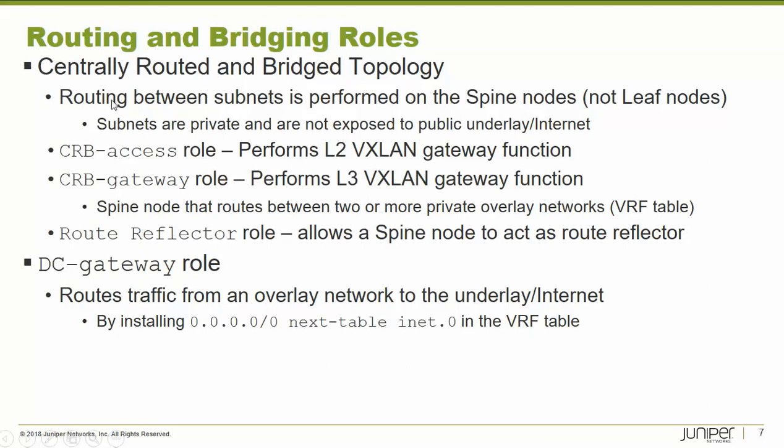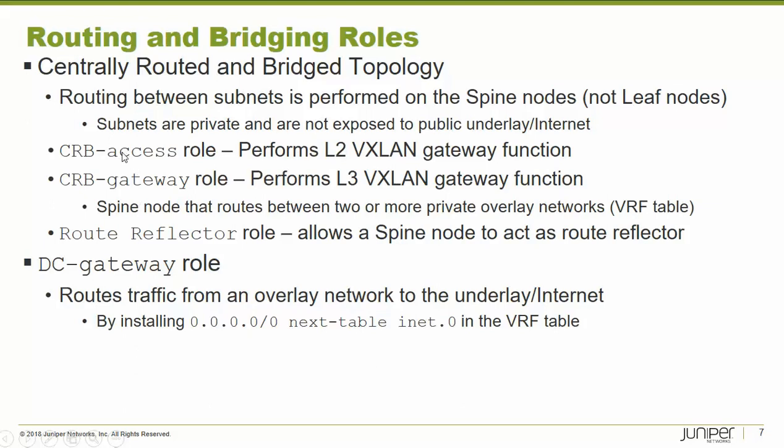Remember, in this centrally routed and bridged topology, we can route between subnets, between Contrail overlay networks, and that routing is done on the spine nodes, not the leaf nodes. And the subnets are private. They're not exposed to the internet. If you wanted internet, you would assign the DC gateway role to the spine device, and it will allow you to route traffic from a Contrail overlay network out to the internet.